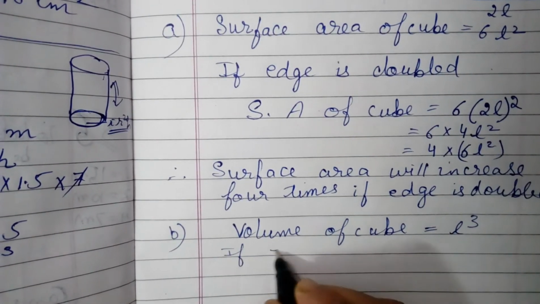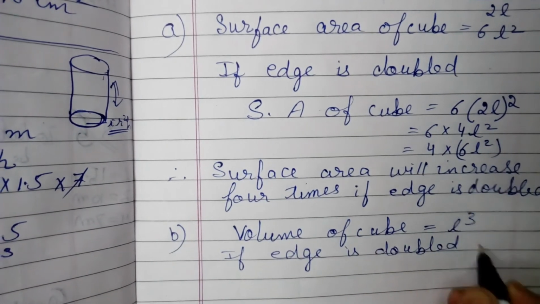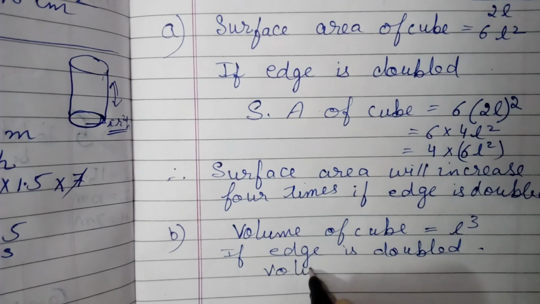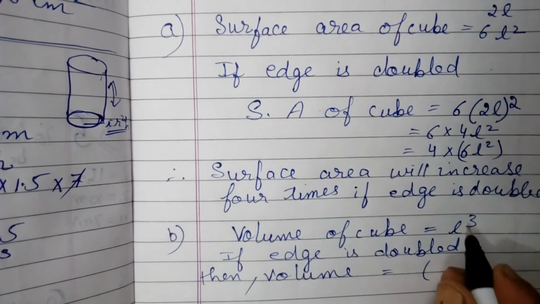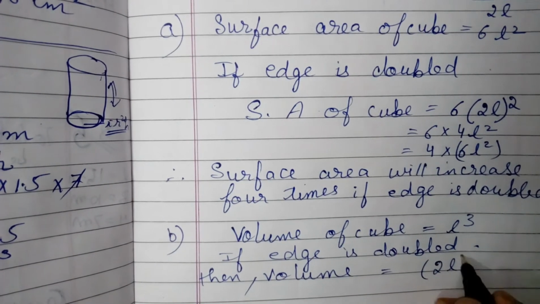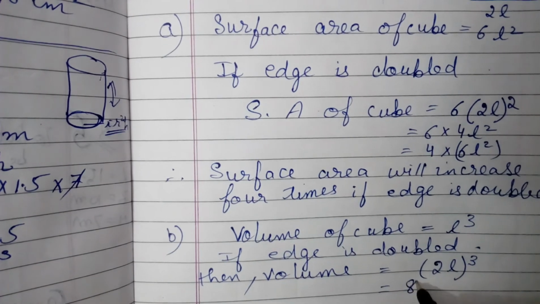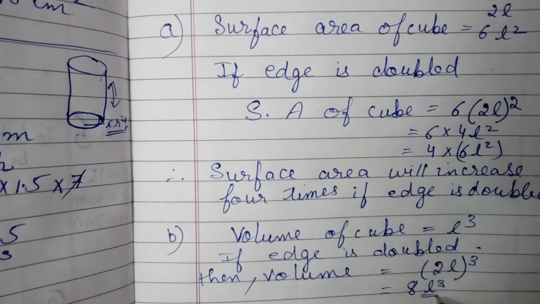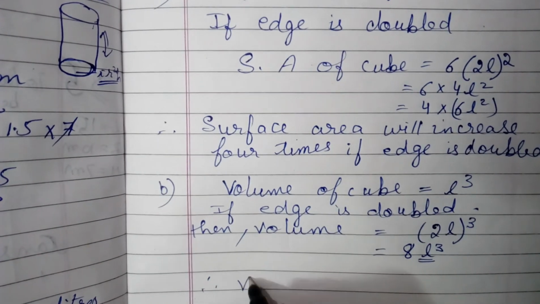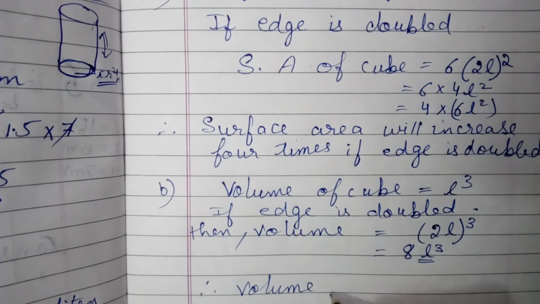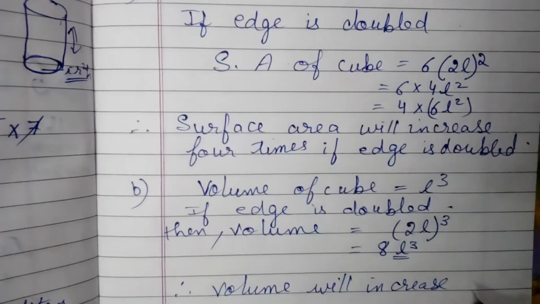If the edge is doubled, then volume is equal to, in place of L we will write 2L whole cube. 2 2s are 4, 4 2s are 8L cube. What is L cube? This is the previous volume. Therefore, what we find is that volume will increase 8 times.